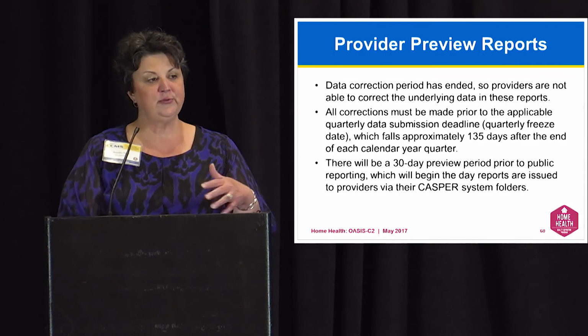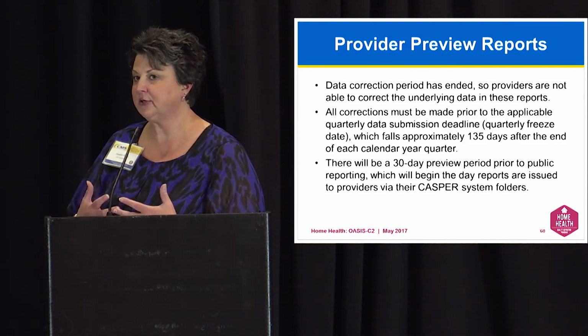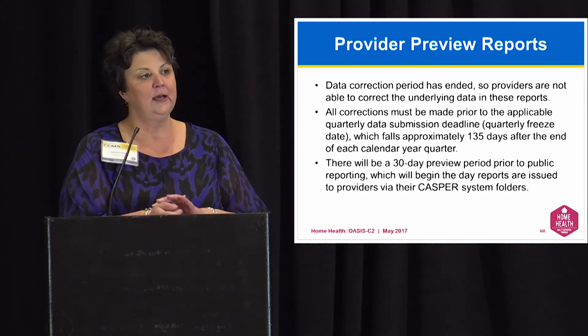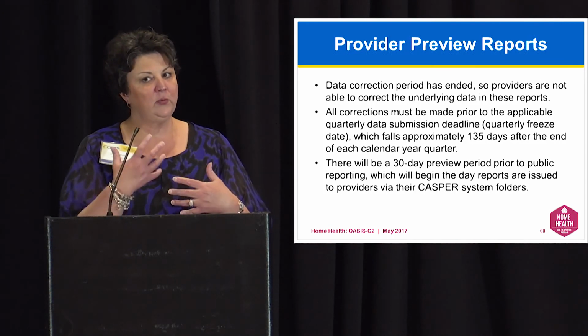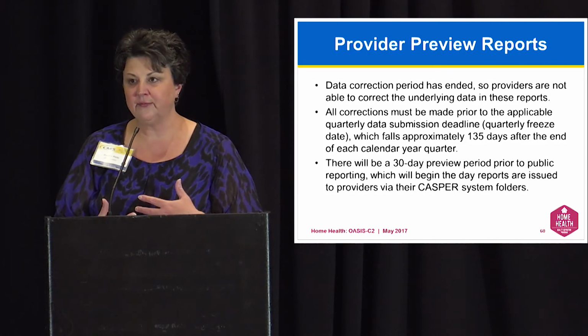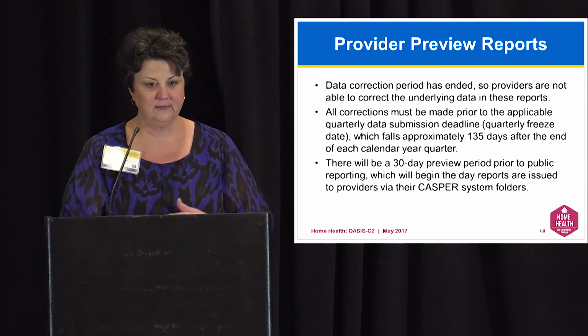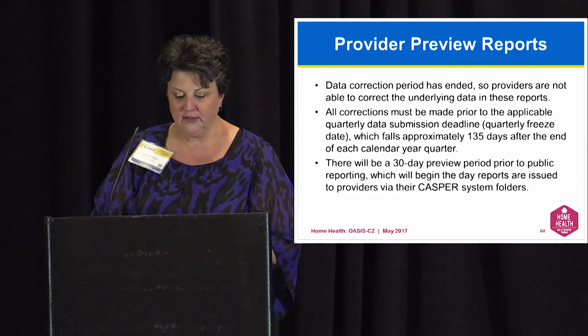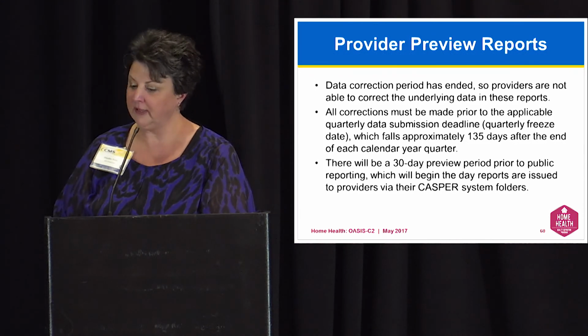So you've got to use those other reports proactively to go in and ask, are our data correct? And really take a look and explore that proactively. Once you get these provider preview reports, it is too late to go back and fix, okay? These are available to providers 30 days prior to the data being made available to the public.